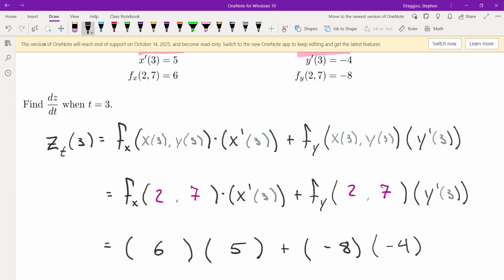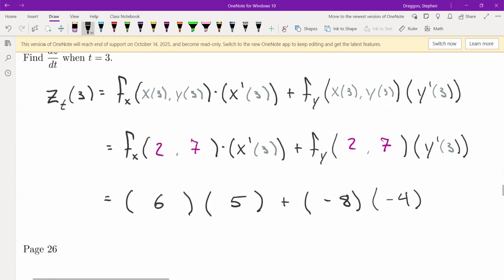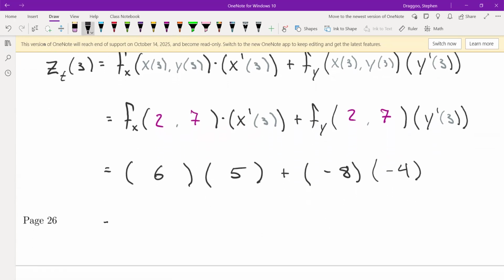Now all of a sudden I just have a bunch of numbers to multiply and add together. So in other words, the hardest part of the whole lesson, just multiply some numbers together. I think that's 30 plus 32. 6 times 5 is 30. 4 times 8 is 32. Add those things together and I get 62.